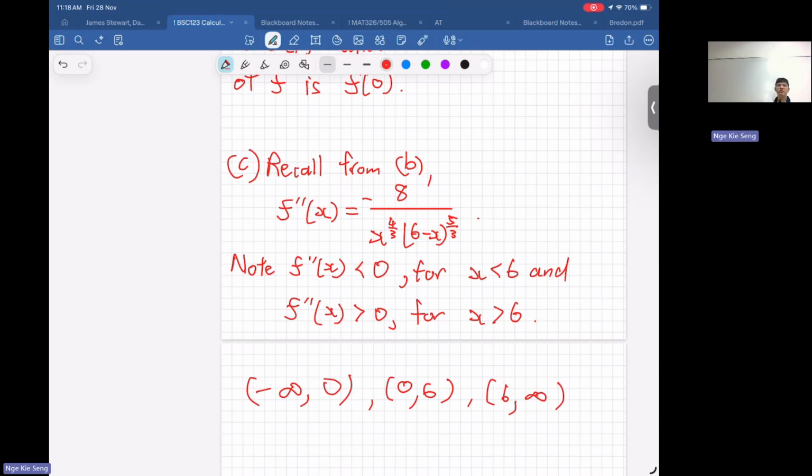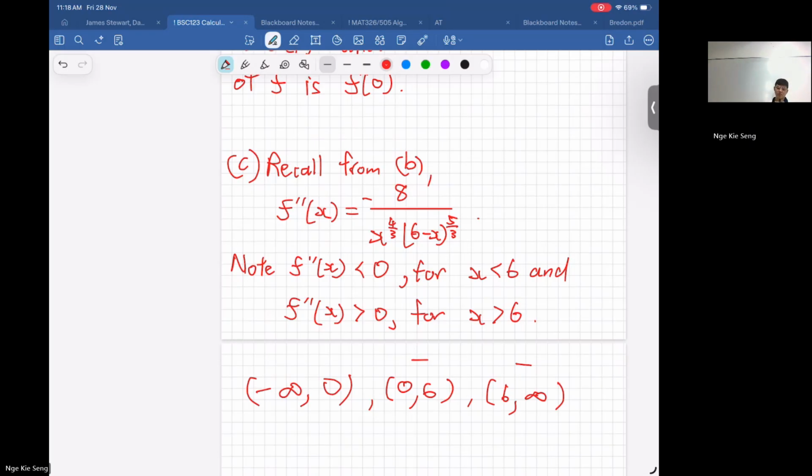Zero to 6. Oh, wait. When x is less than 6, this sign is positive, this sign is negative. Then why do I need to split it? What's wrong here? It should be negative. Oh, yeah, minus because of the minus sign.